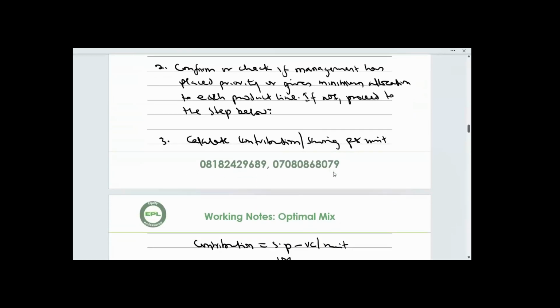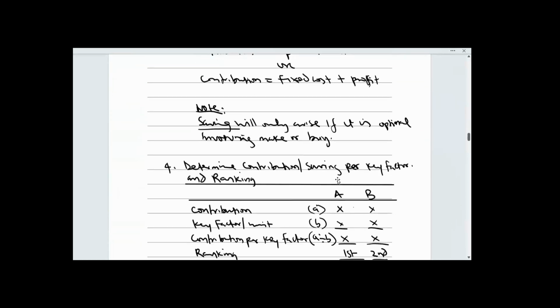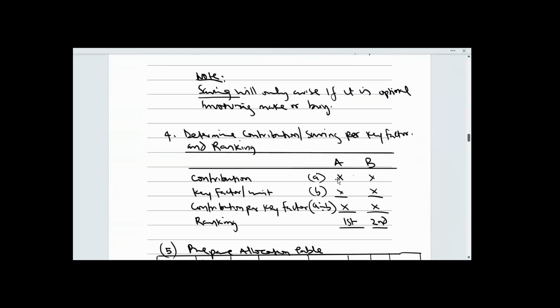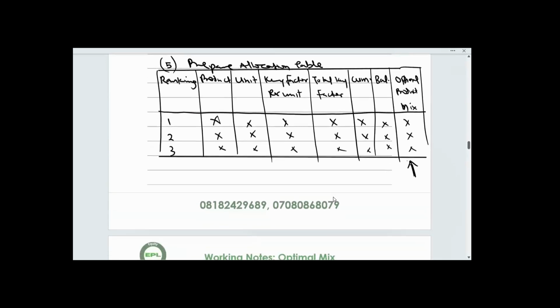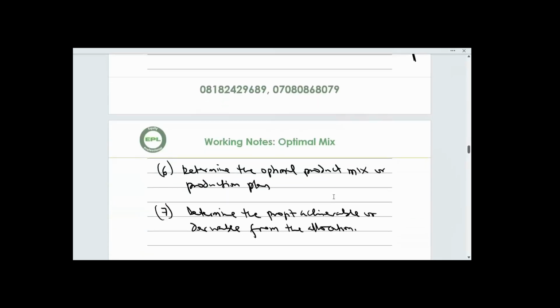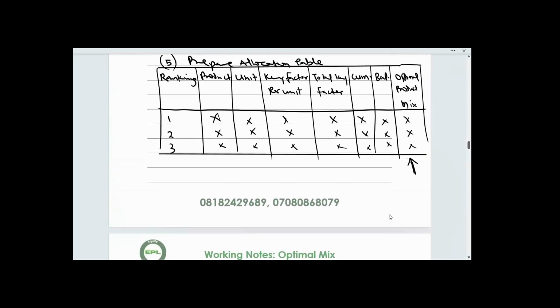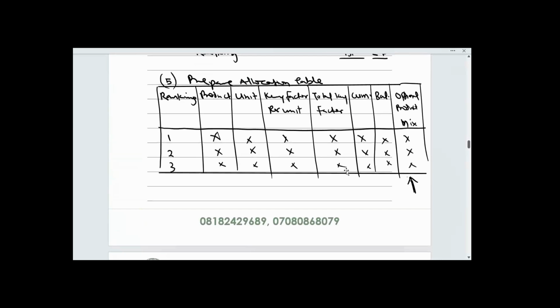In step 3, you calculate contribution or saving per unit. All right. Then step 4, you determine contribution per key factor and rank your results. Okay. Then step 5, you prepare allocation table. All right. Step 6, you determine optimal production plan. And step 7, you determine the profit achievable from the allocation. So these are the 7 procedures. You can make it 7 or 8 procedures in relation to optimal production plan or optimal product mix.